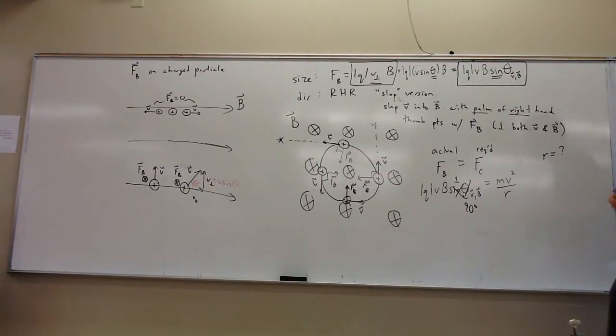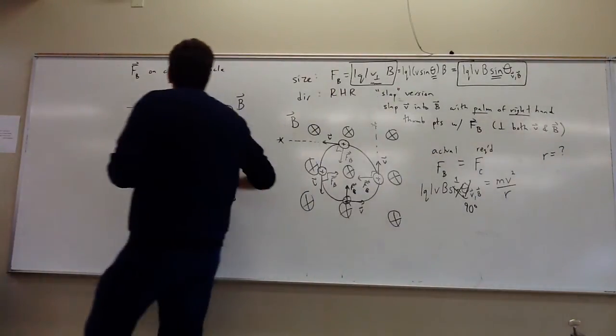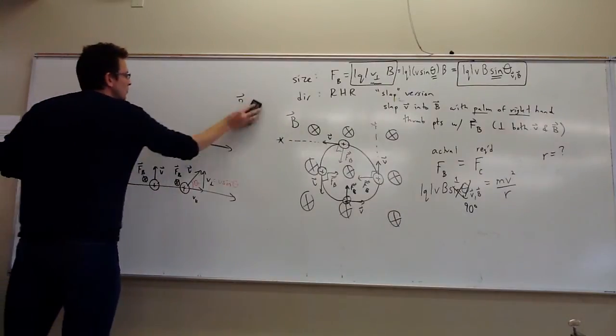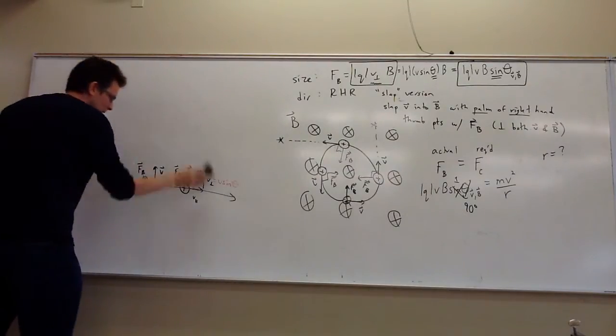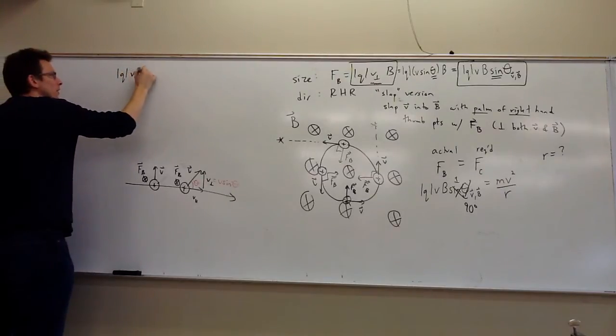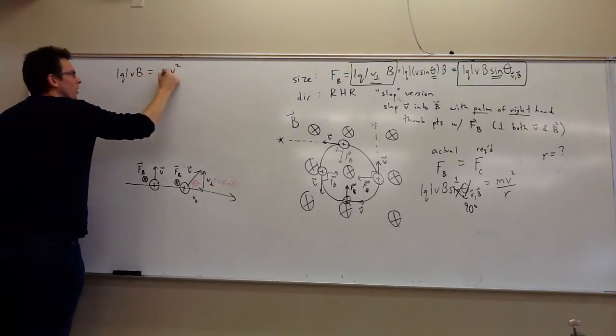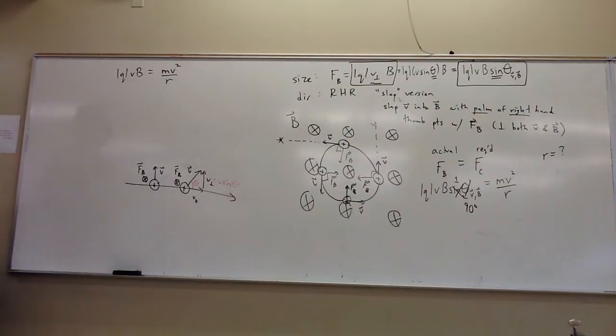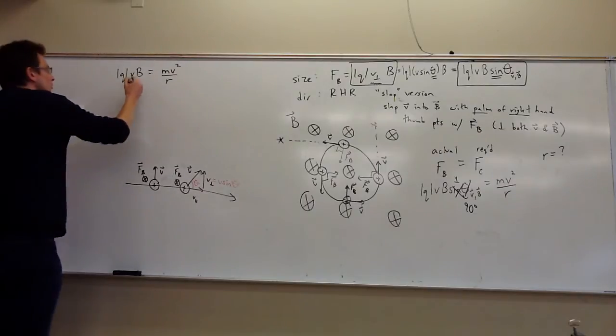Let me go over here. Let me clean it up so far. QVB equals mv squared over r. Of course, I have a speed on both sides, so I'll cancel that.